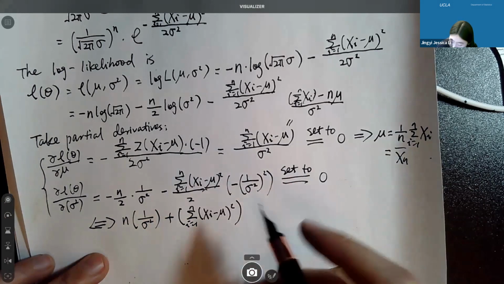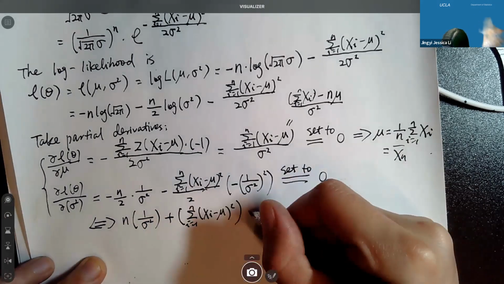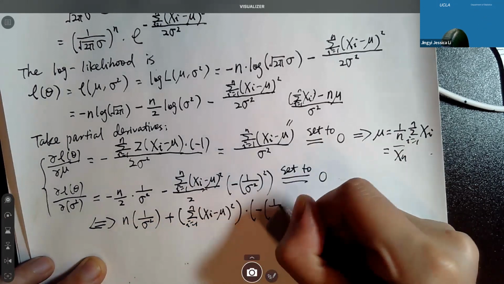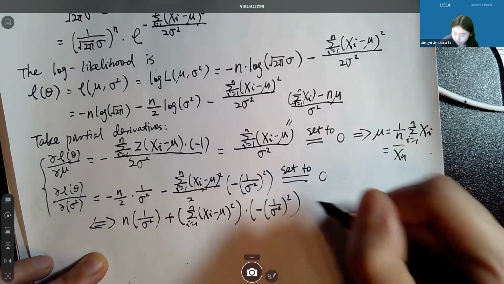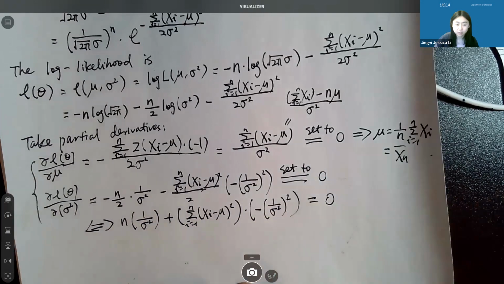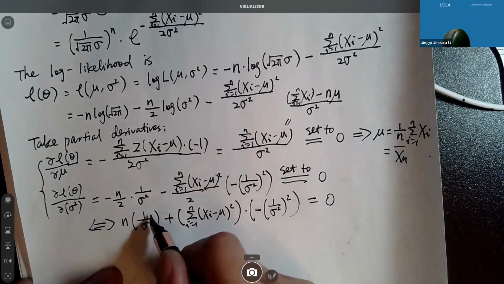Okay, and I have a minus sign here, times minus, and I have 1 over sigma square. I set this to 0. Now you see both terms involve 1 over sigma square, and we can cancel it.